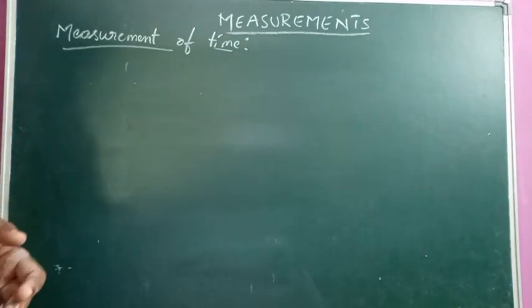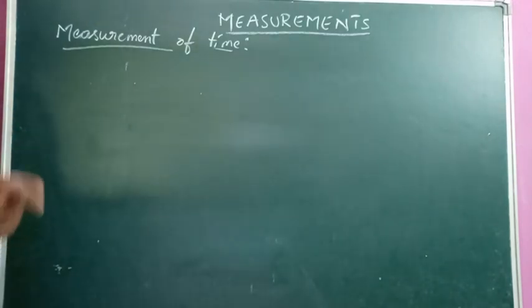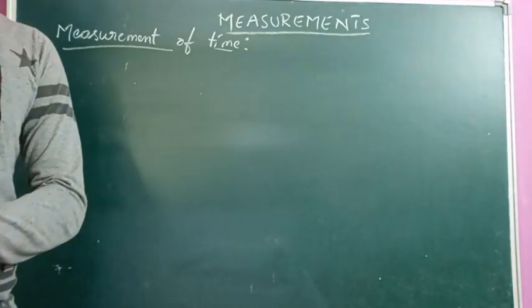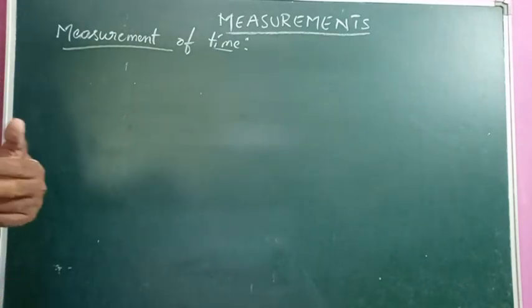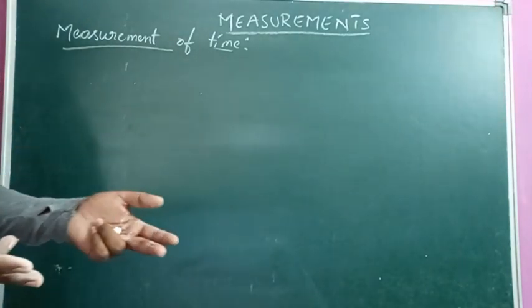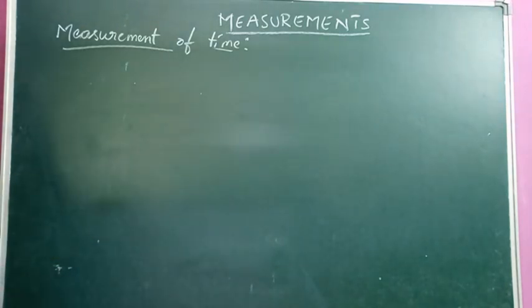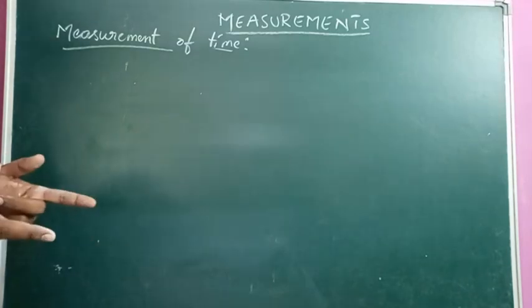Time is nothing but the interval between two events, and time can be measured by using watches, digital watches, clocks, and the clocks are also table clock, wristwatch, wall clocks, etc. Okay, children. And modern atomic clocks give the exact values of the time.